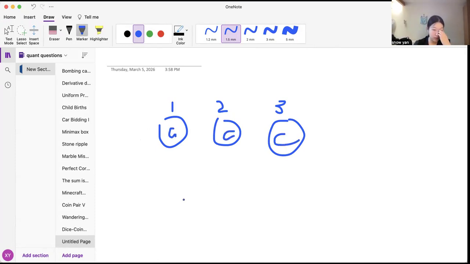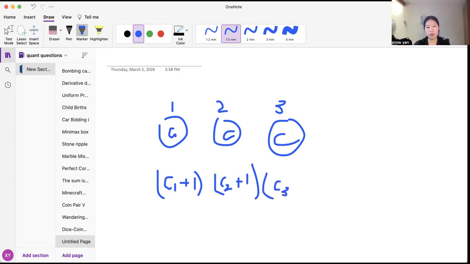For how many ones there are, we could pick 0, 1, 2, 3, 4, 5, up to C1, right? So we would have C1 plus 1 choices. And for C2, we would have C2 plus 1 choices, because 0 is also included.